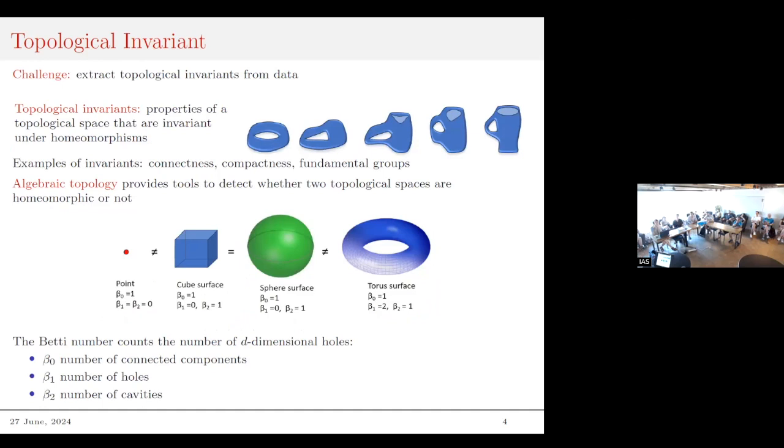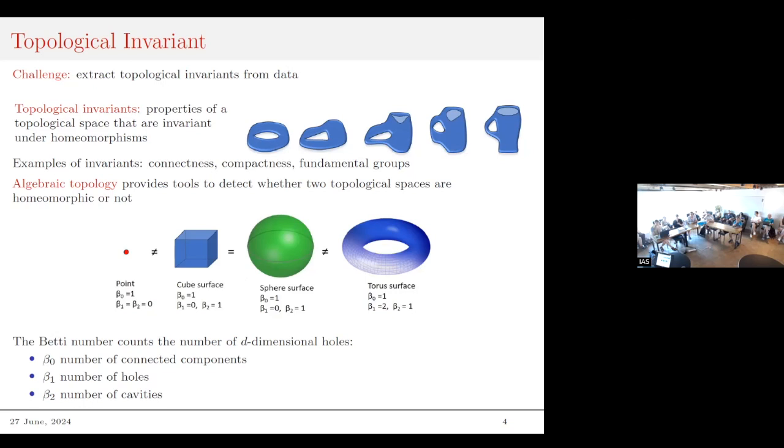Topological spaces are equivalent if some properties, the topological invariants, are preserved. Examples of invariants: connectedness, compactness, fundamental groups. Fundamental groups are very important because they are able to capture the shape or the holes of the data.